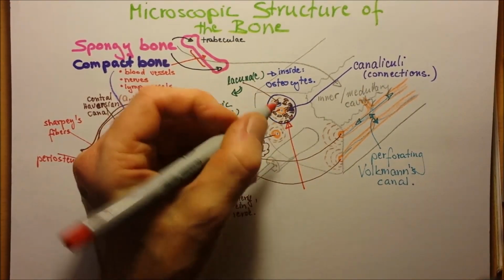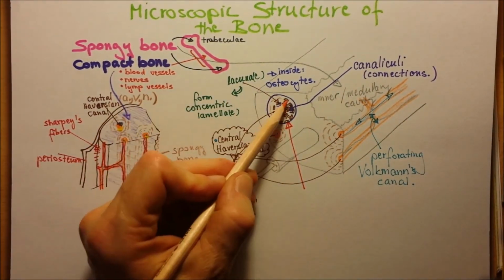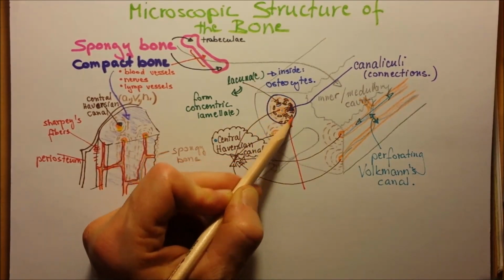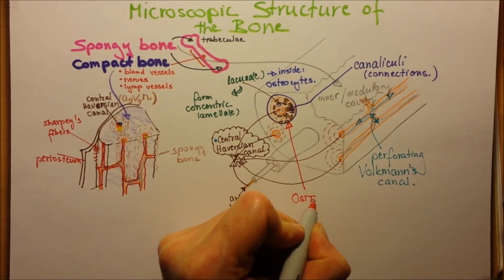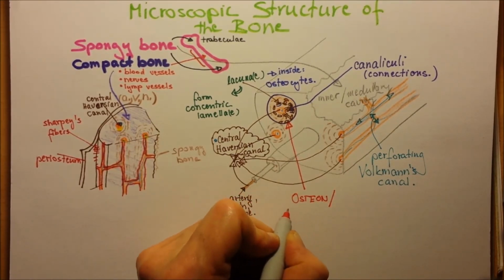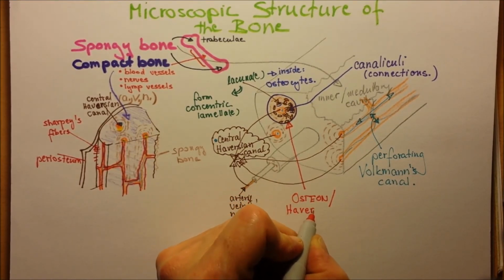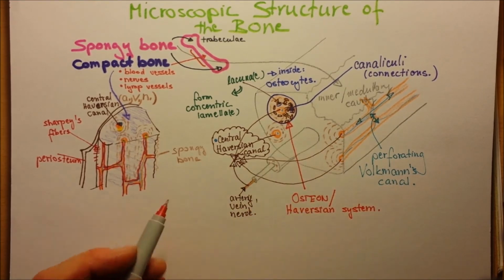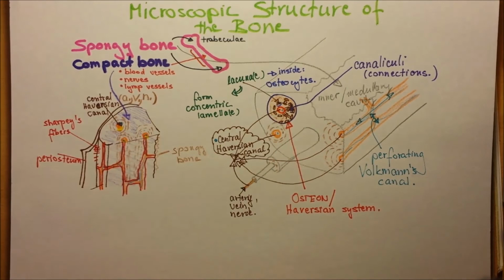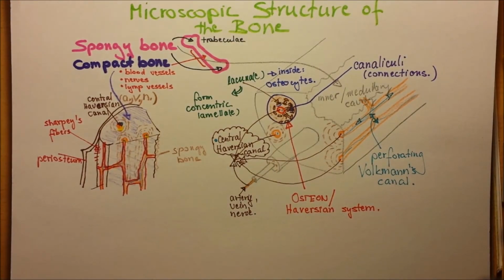This will be called the osteon. All of the lacunae concentrically arranged around the central Haversian canal, and the lamellae, is the osteon, or the Haversian system. And many of them make up the compact bone.